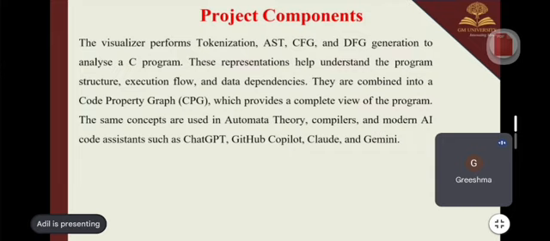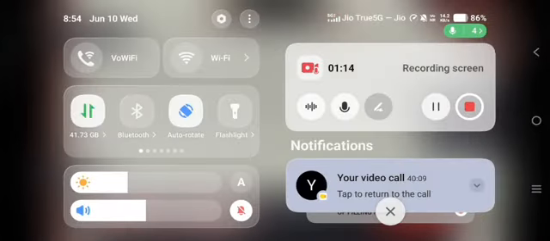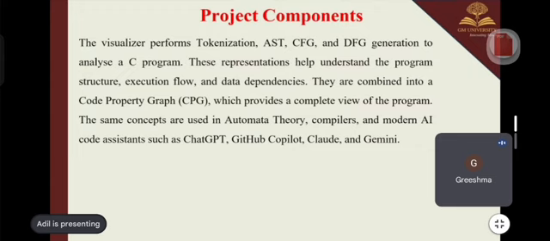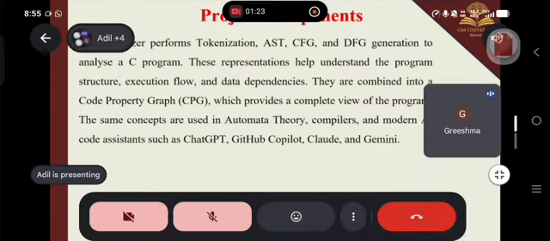The final component is the code property graph or CPG. It combines the abstract syntax tree, control flow graph, and data flow graph into a unified representation, providing a complete understanding of the program.